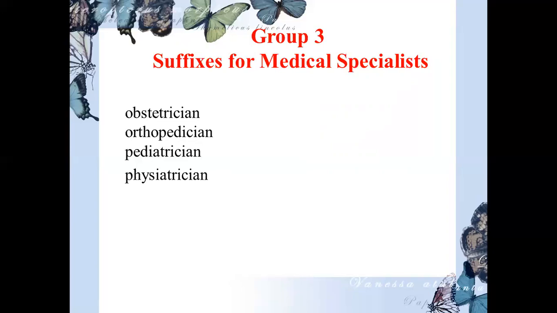So this word just means a bone doctor, bone surgeon. A surgeon specializing in treating bone diseases. Next one is pediatrician. This is the word we just saw in our textbook. It means a doctor, specialist in treating children's illnesses. And the last one is a psychiatrician.